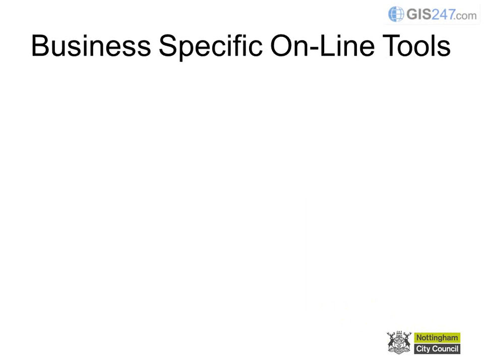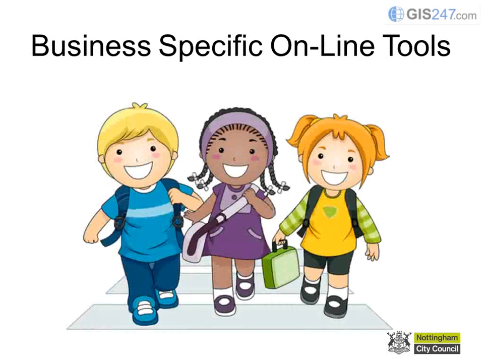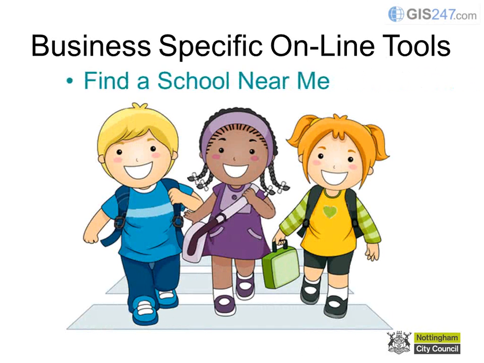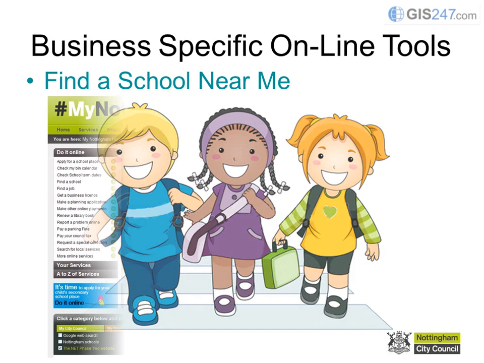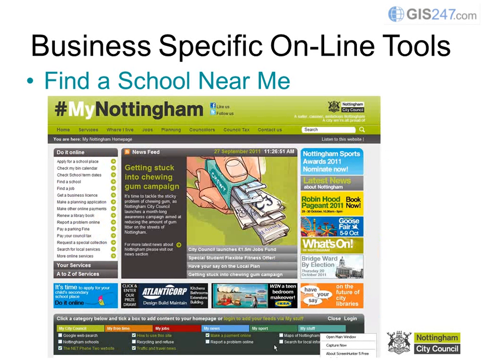Another online tool which uses GIS data and is available from the internet is the Find a School Near Me. This application is again targeted at local residents looking to find out which schools are within their vicinity. From the Nottingham City Council homepage, access to the application is available on the left-hand side via the Find a School listing.